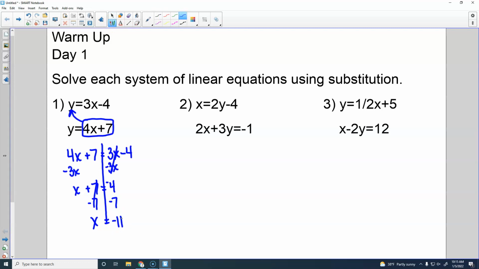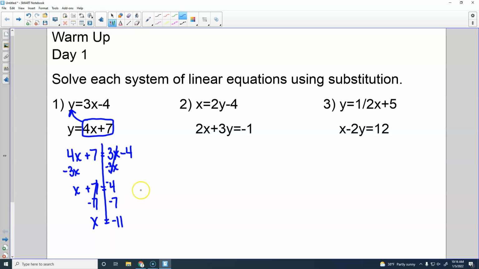Okay? Alright, then what do we need to do with this to find the other variable? Because we need the y also. What do you think, Jada? You plug in -11 for x, which equation?